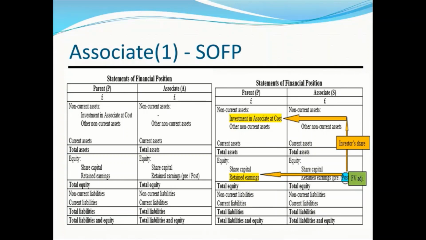One line consolidation, because we don't need to go through all the detailed items of the assets, liabilities, and equity of the associate and the parent company. We are just picking up the investment in the associate at cost and the retained earnings of the parent company, and adjusting both figures with the investor share of post-acquisition profit of the associate.